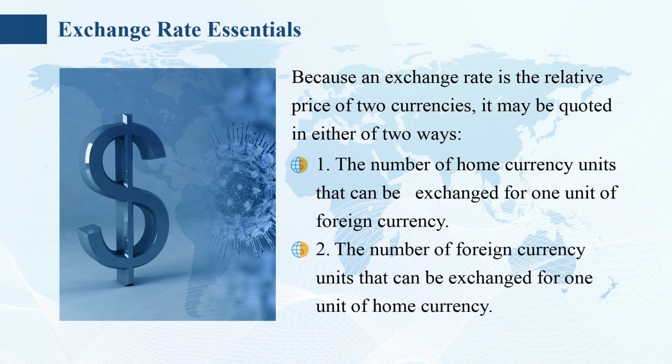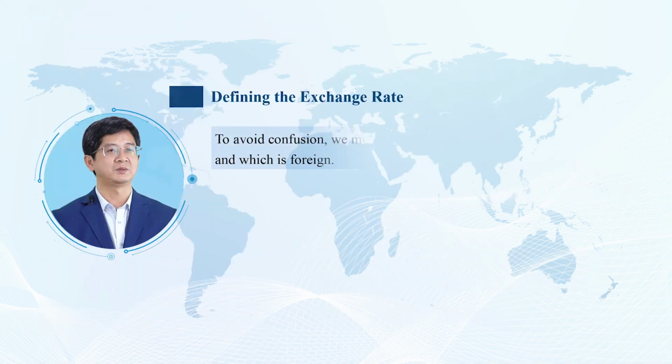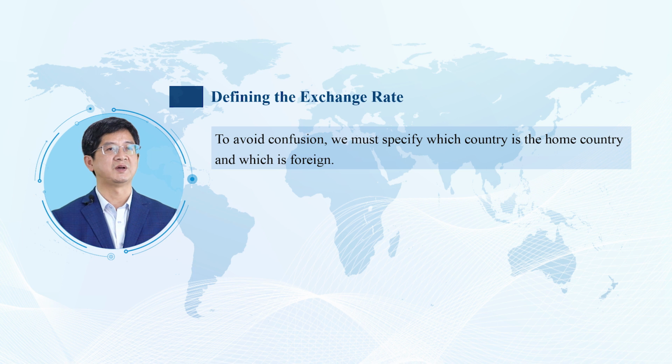The second, the number of foreign currency units that can be exchanged for 1 unit of home currency. To avoid misunderstanding, we mostly specify which country is the home country and which is the foreign.